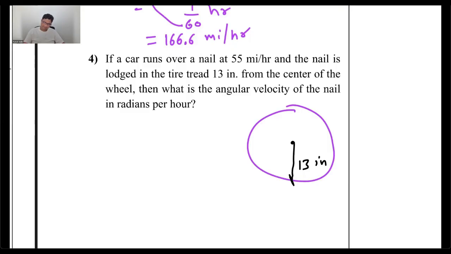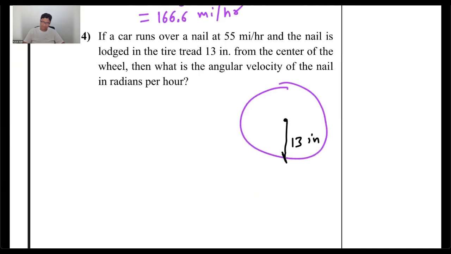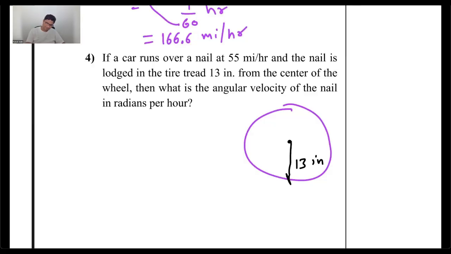So this nail, in 1 hour, how many radians will it make? So this is converting from linear to angular. So V is R alpha, which means the angular velocity alpha can be written as linear divided by radius.